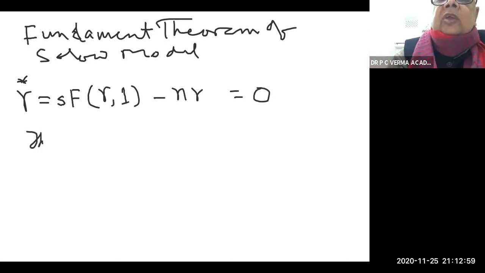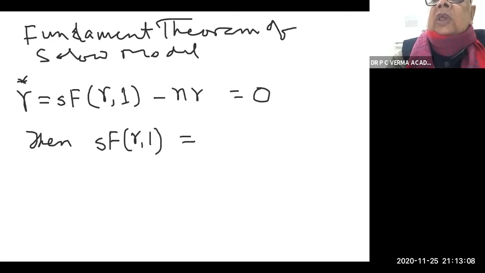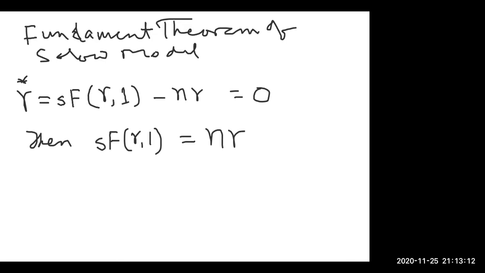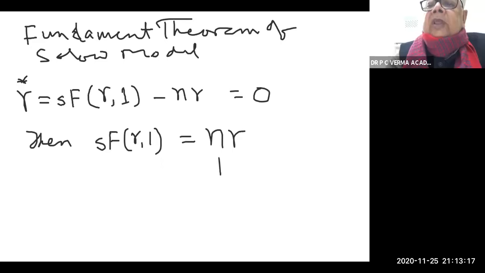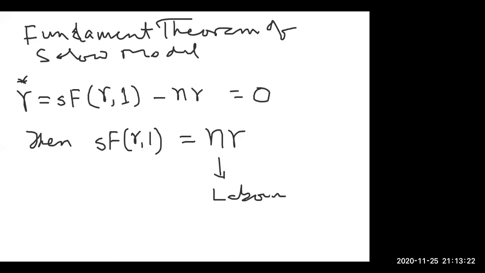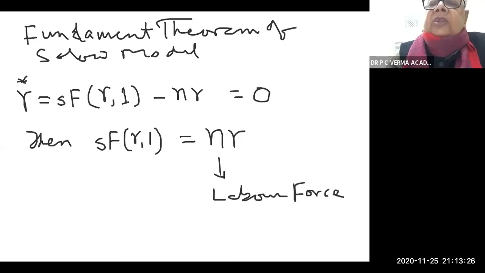Then equilibrium will be established, where the SF curve intersects NR. N represents labor force, and R represents the capital labor ratio.